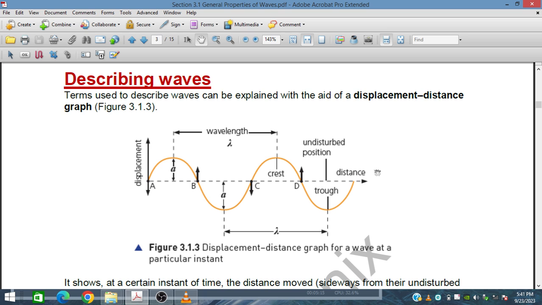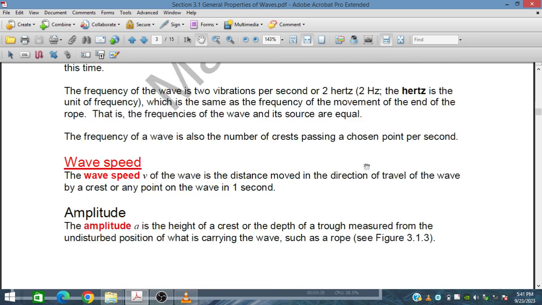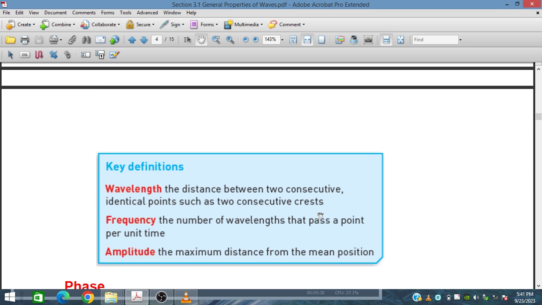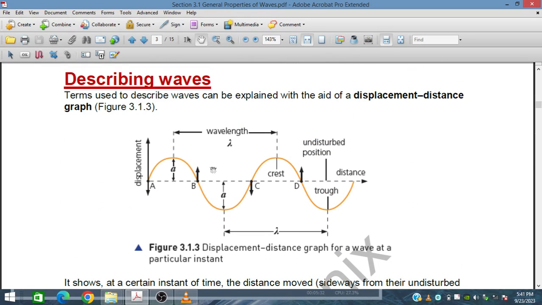Anything like that can be considered a wavelength. Similarly, frequency is the number of wavelengths that pass a point per unit time, as discussed, and amplitude is the maximum distance from the mean position. The undisturbed position is the mean position, and this is the maximum position. Similarly for this one.